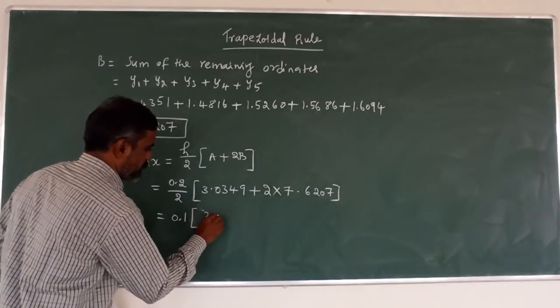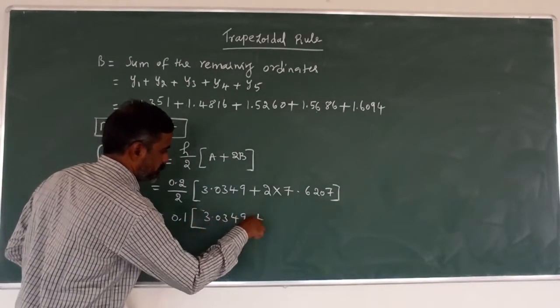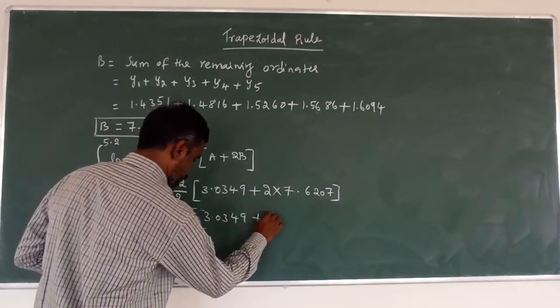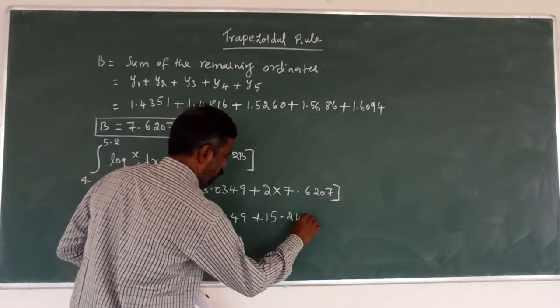Now 0.1 into 3.0349 plus, multiplying these two, the result is 15.2414.